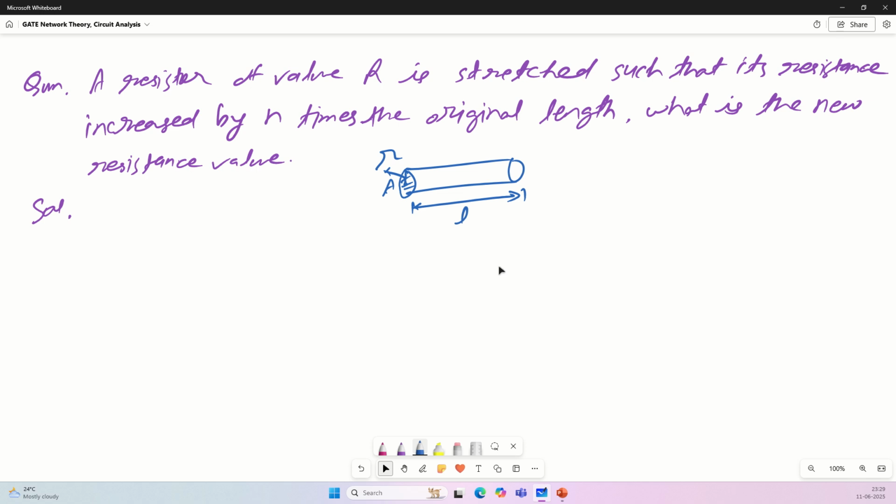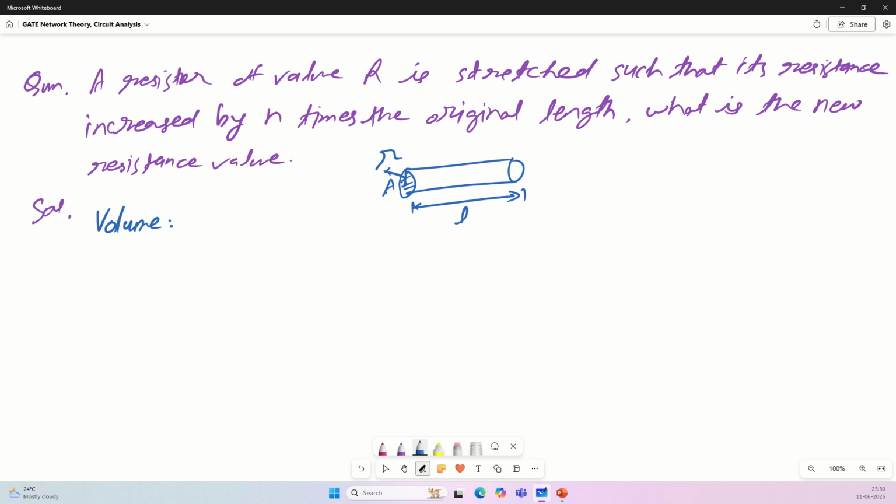Understood? So what will remain constant for this particular element if it is stretched? Since the element is the same, its volume will remain constant, right? So can we find out the volume first?